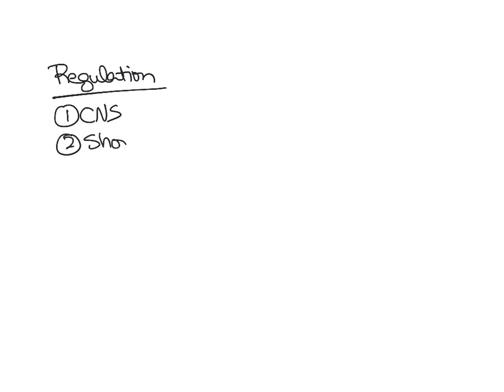Okay, now we're going to talk about regulation of the stomach. What causes these cells to release their enzymes and to start the digestion process and to increase motility in the stomach? So first of all, we have the central nervous system. The central nervous system can control production of acids and enzymes. Second thing is we have these short reflexes.